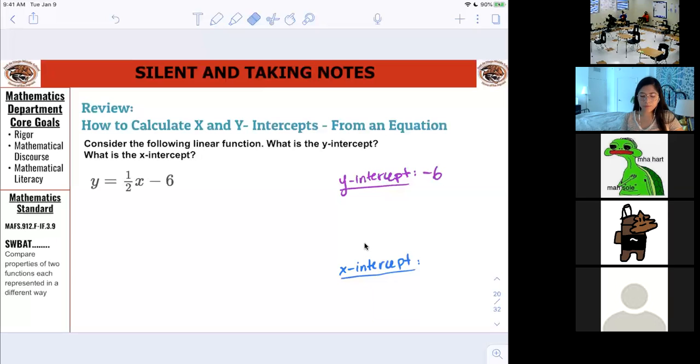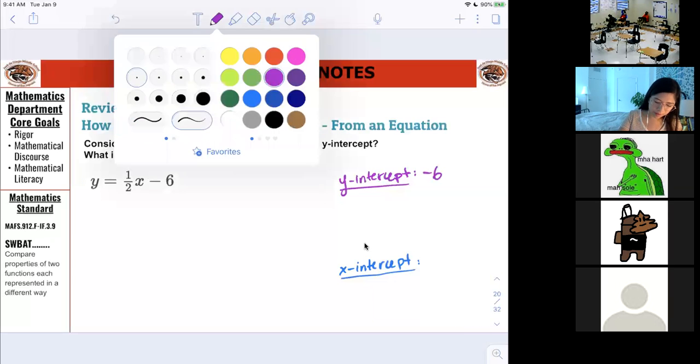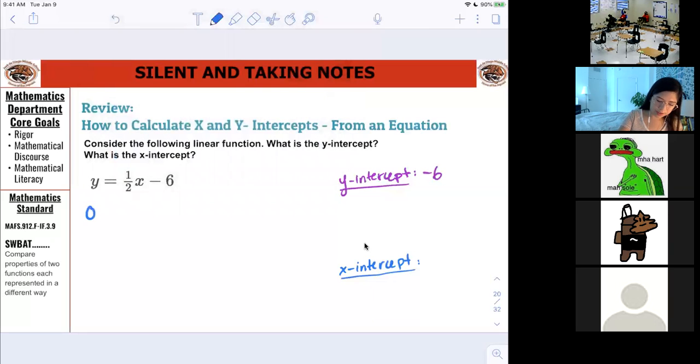Replace the y with a 0. Exactly. You're going to replace the y with a 0. Does anybody remember why we do that? I'll explain it, but I just want to see if anyone remembers why. Why would I plug in a 0 for y?